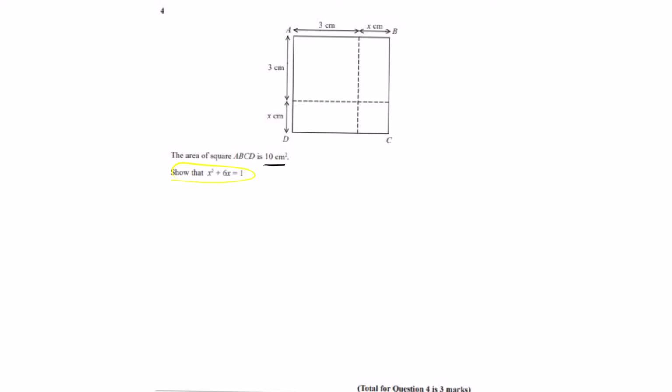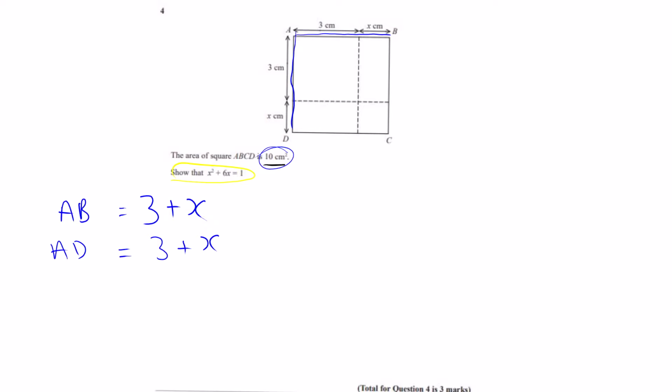So the first thing I want to do is to have a think about how I'm going to find the area of this square. So we know it's 10 centimeters, we've been told that. But we've got our measurements along the sides. So the length from A to B is 3 centimeters plus x, and the length from A to D is 3 centimeters plus x.